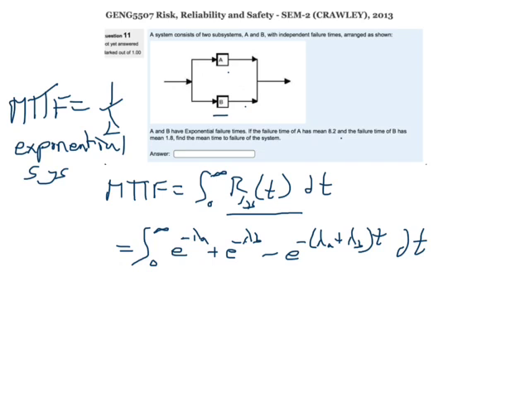So what do we do from here? We probably don't need to substitute in our values yet, because we can do a little bit more of this integration directly. So let's just take the integrals for each of these components.